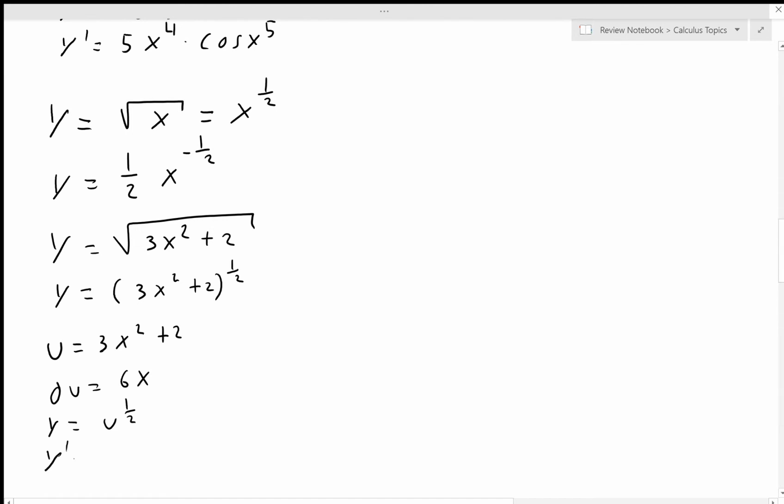Y prime would be 1/2 u to the negative 1/2 times du, which would be 6x. U we said was 3x squared plus 2, to the negative 1/2 now, times 6x.